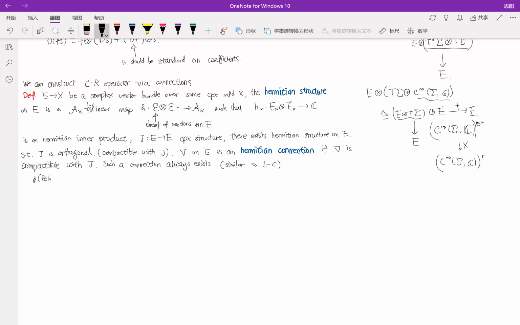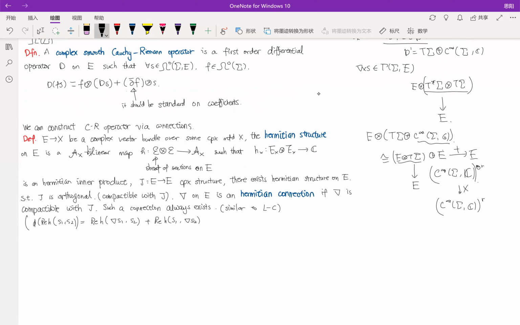That means that d of the inner product of s1, s2 equals the connection applied to s1 with s2, plus the other term. Here we use the real part because we know the real part is also an inner product.